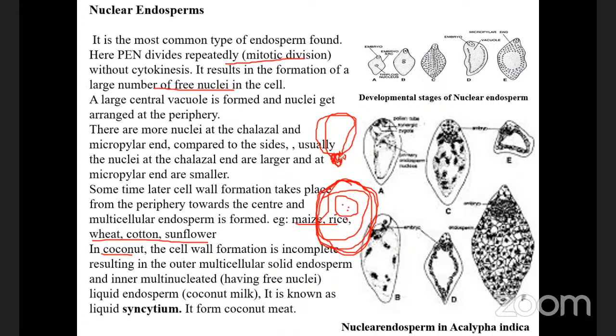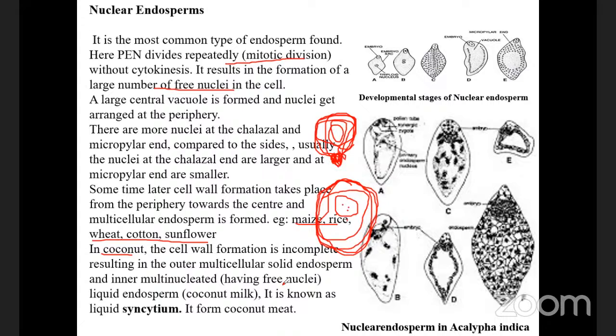You can see here, not the endosperm, the embryo. Here all the remaining yellow part is endosperm, whereas the white part is the embryo. You can distinguish that easily in the image.